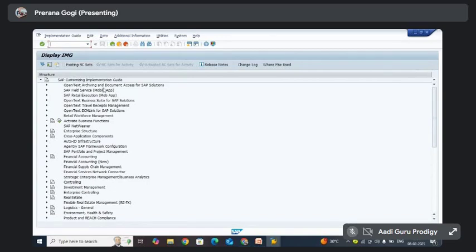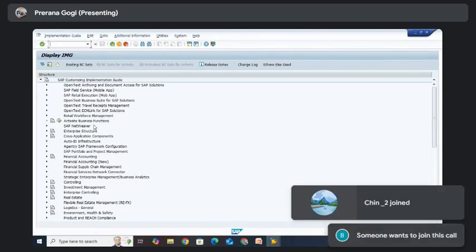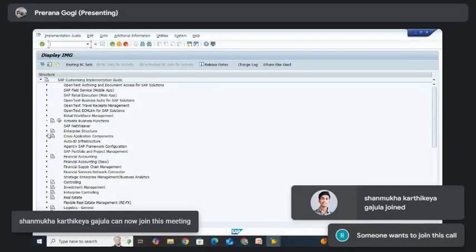Now you can see all of SAP is here, but we are going to take only the portion which finance wants. Means we are going to adapt only the things which our finance requires. We are going to pick up one by one.